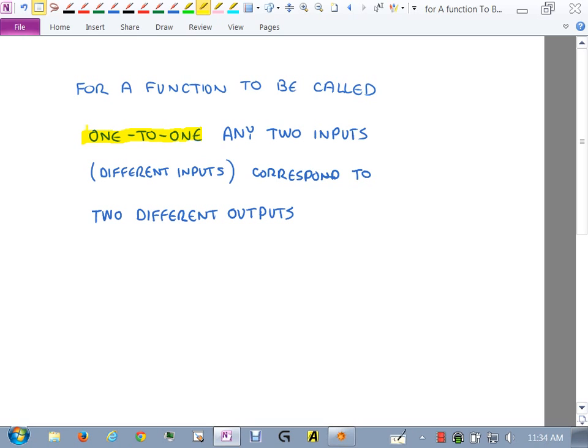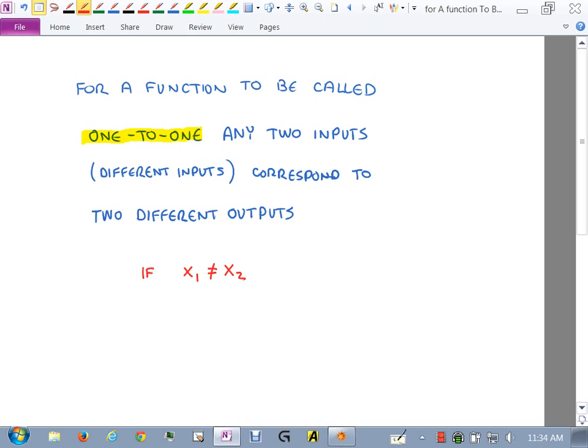So here's the way the book likes to say it. This is another way of phrasing this. If x1 does not equal x2, okay? So you know how we plug x's into functions, right? Let's say we pick an x and we call it x1. We pick a different x, call it x2.